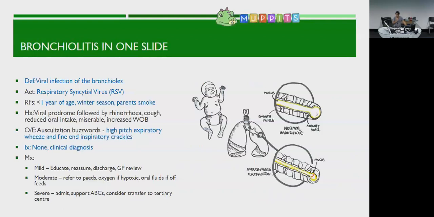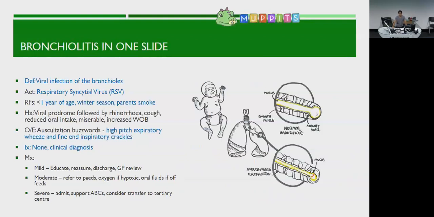You get a viral prodrome followed by feeding less, often just generally miserable, and they look like they have increased work of breathing. Your buzzwords on auscultation are the high-pitch expiratory wheeze and the fine inspiratory crackles.